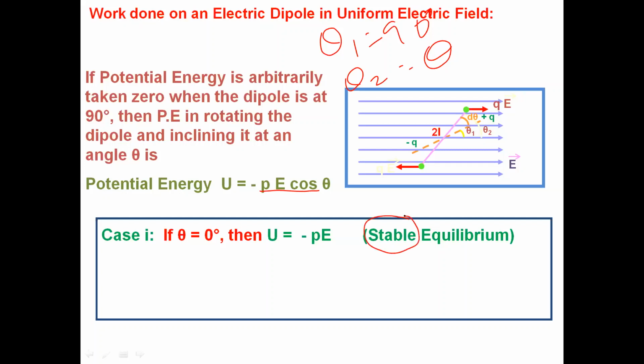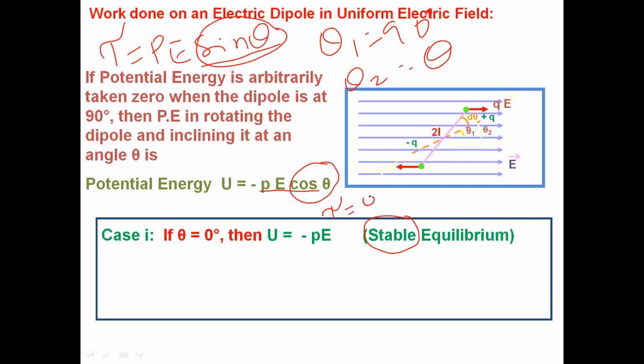One thing more to be noted is we have the equation for torque as tau is equal to PE sine theta, right? When theta equal to 0 degree, cos 0 is 1, whereas sine 0 is 0, which means U equal to minus PE and torque equal to 0.